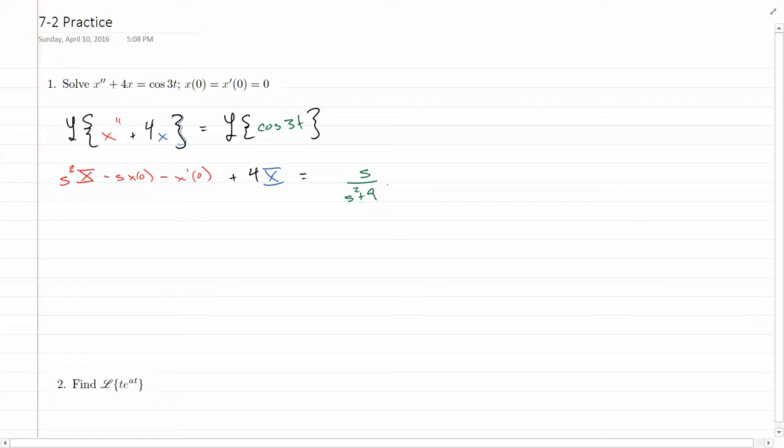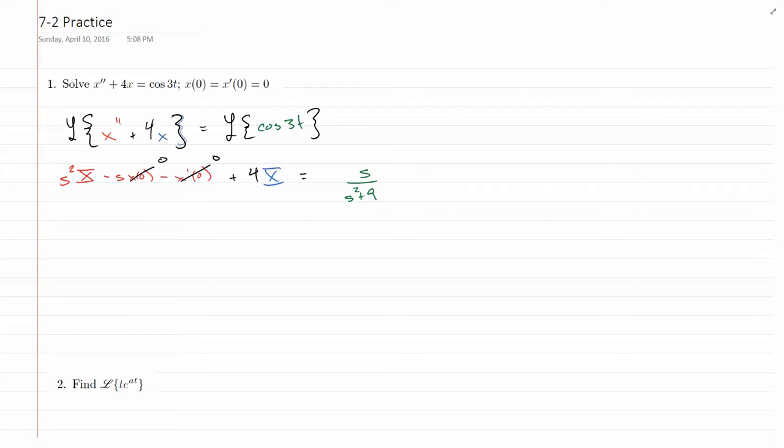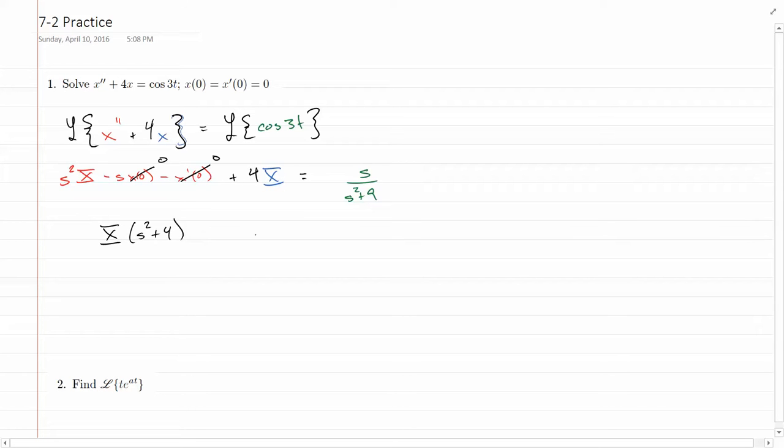All right, so that's what happens when we apply the Laplace operator to both sides. Now, a couple of nice things here. We were given some initial conditions: x of 0 and x prime of 0 were both equal to 0. So that means that both of these are 0. That's kind of nice. So on the left-hand side, you can factor the capital X out, and you'd be left with s squared plus 4.